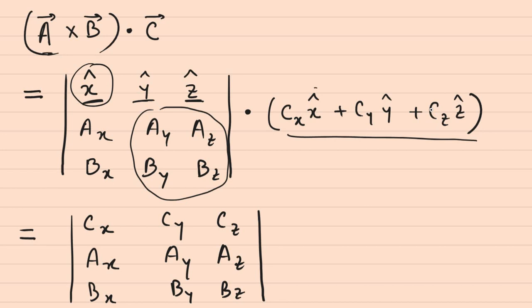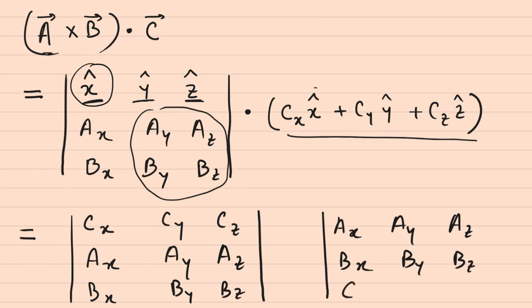And then from this you can confirm the other combinations we have written for the triple product do conform with this formula. So for example, if we write ax, ay, az, bx, by, bz, and cx, cy, cz, then this and the expression on the left are going to be the same.